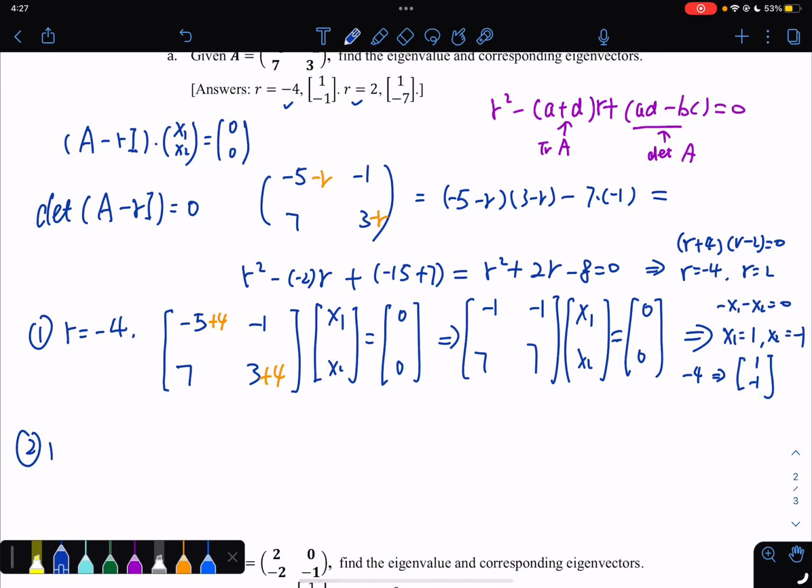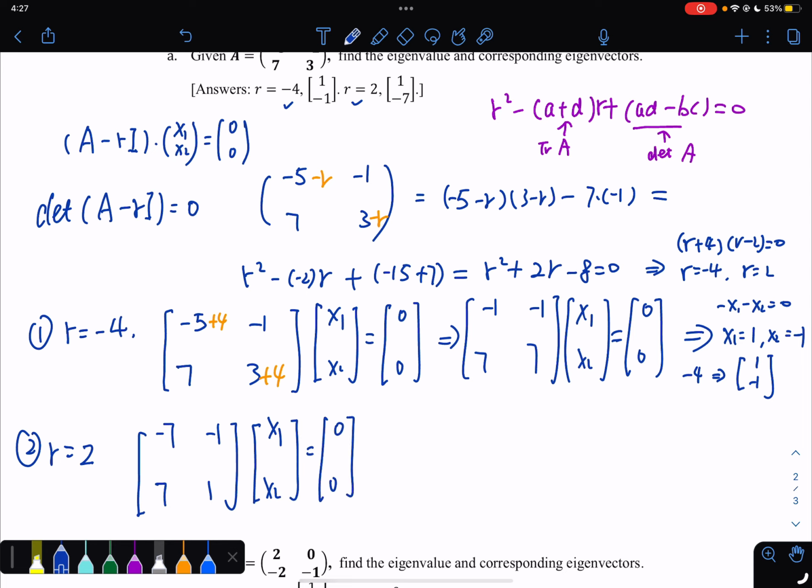And similarly, if R were 2, the other answer you found, you subtract it from the diagonal entries. So -7, -1, 7, 1, and I have 3 minus 2, which is 1. And multiply x1, x2, you end up with 0, 0. You only need to read one row because the other one is repetition. So you have -7x1 minus x2 being 0.